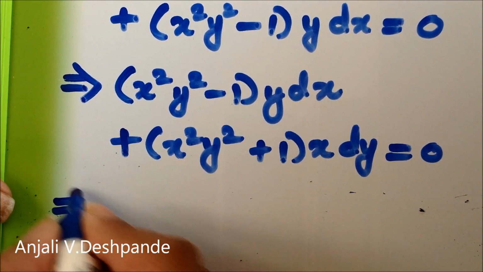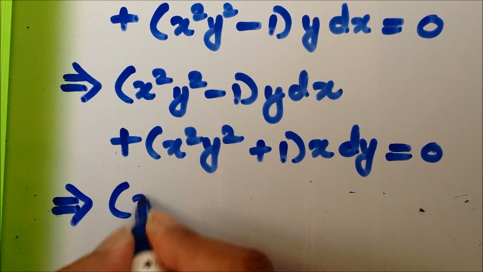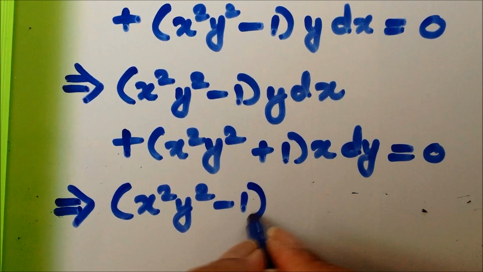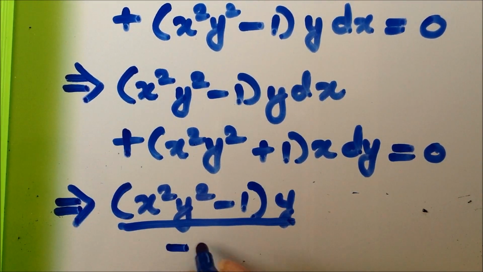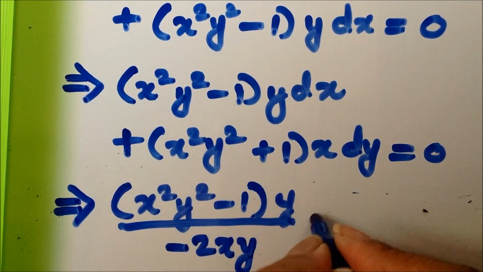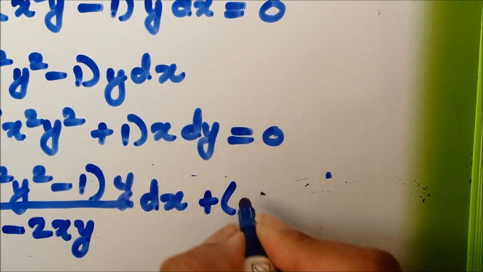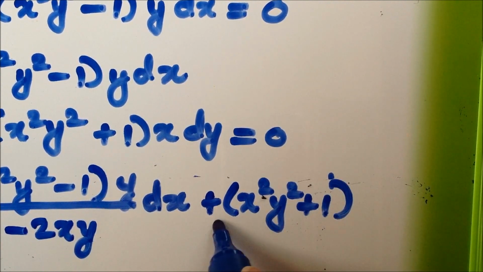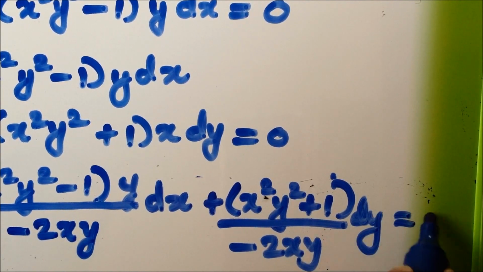So we are going to multiply, or rather divide, by minus 2xy. So I will write this as (x square y square minus 1) into y divided by minus 2xy dx plus (x square y square plus 1) divided by minus 2xy dy is equal to 0.